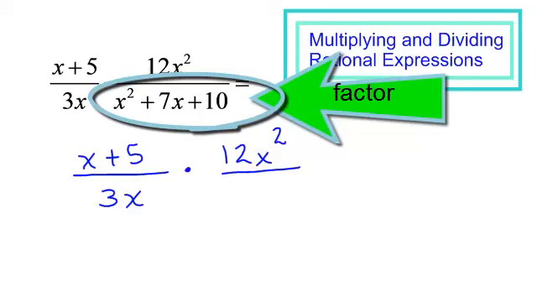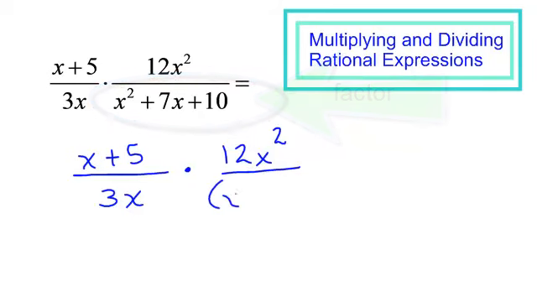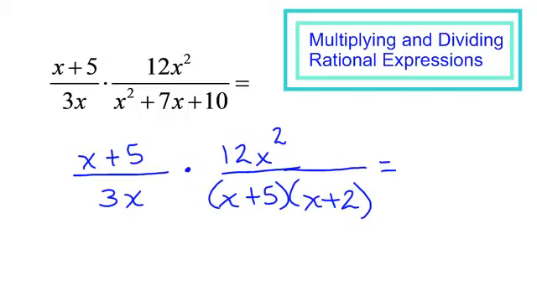X squared plus 7x plus 10 will be x plus 5 times x plus 2. Okay, let's start canceling. The x plus 5 will cancel with this x plus 5. Now, this 3 times x, yes, you can separate that 3 and that x. They're only connected with a multiplication. This is 12 times x squared.